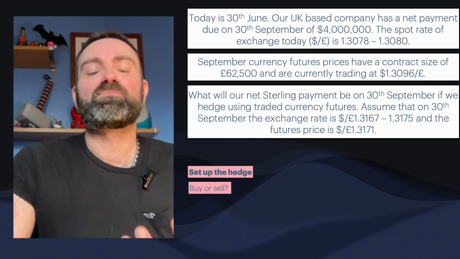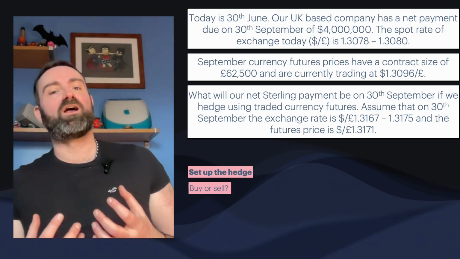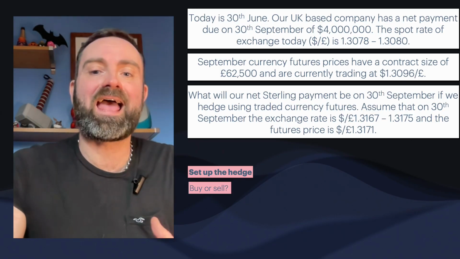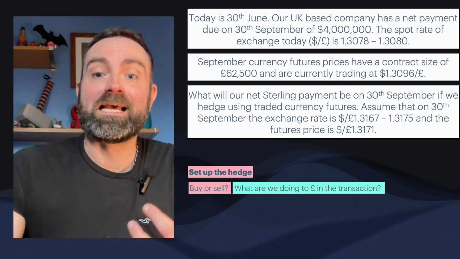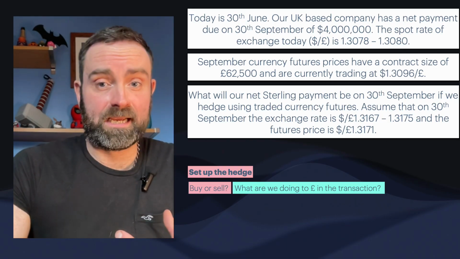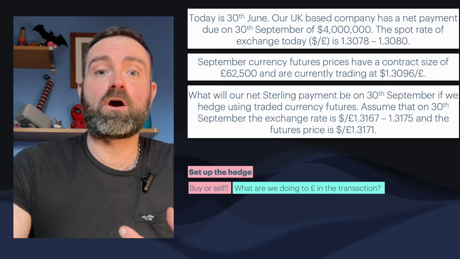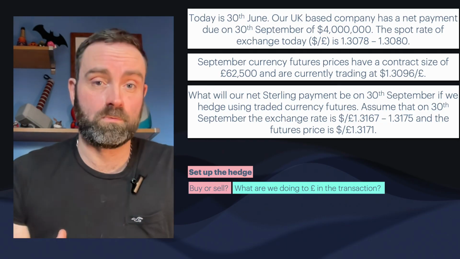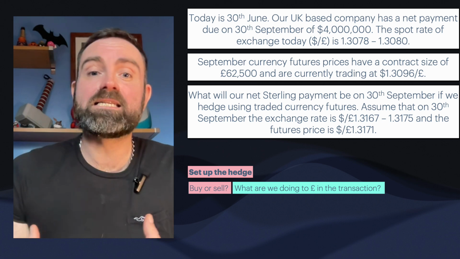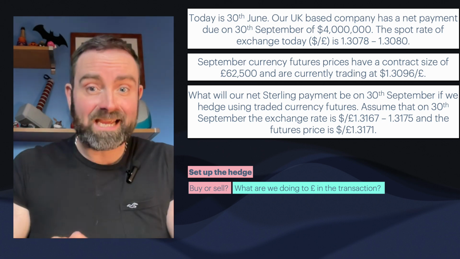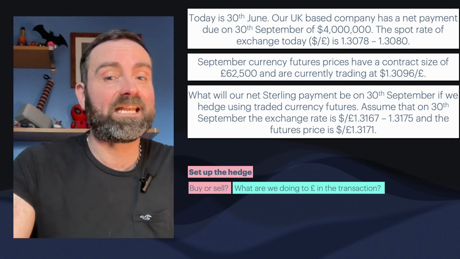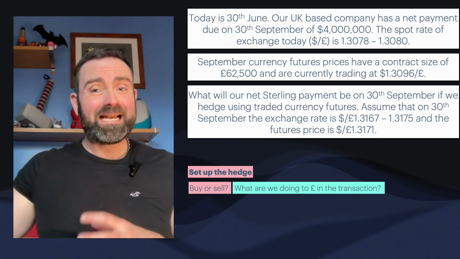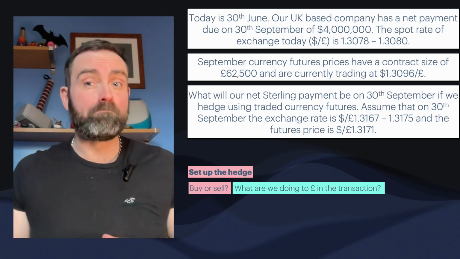The answer is futures transactions always flow in the same direction as the underlying transaction that we are hedging. Now, our futures are in sterling. We know this because the contract size is quoted as £62,500. So we need to decide what we're doing to sterling in the transaction that we're trying to hedge. In this case, we're going to be paying $4 million on the 30th of September.